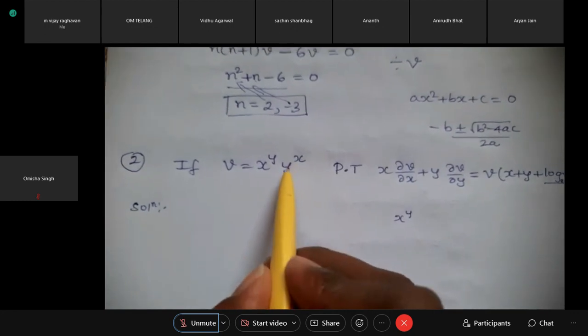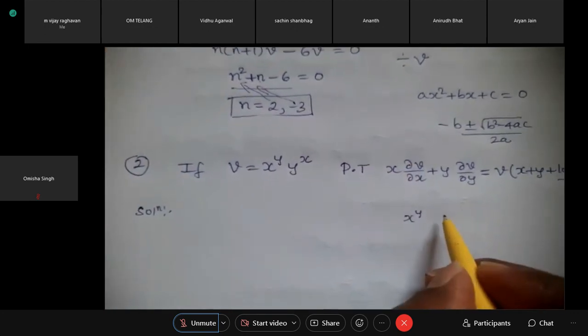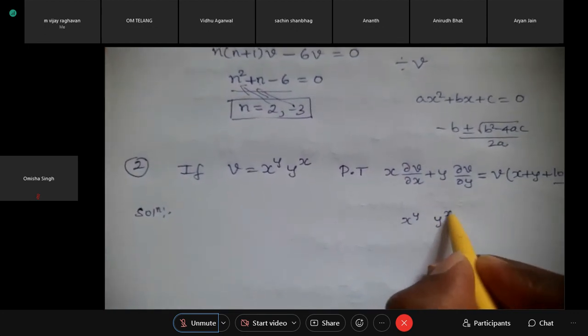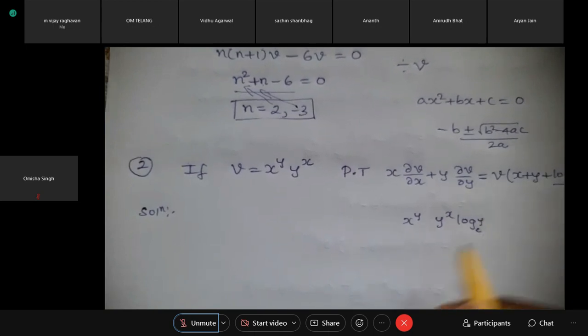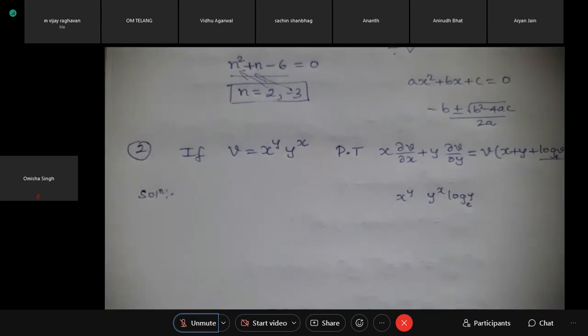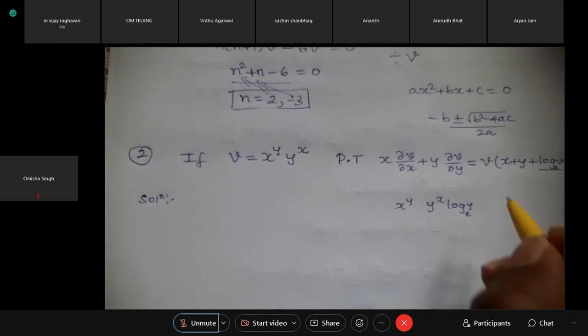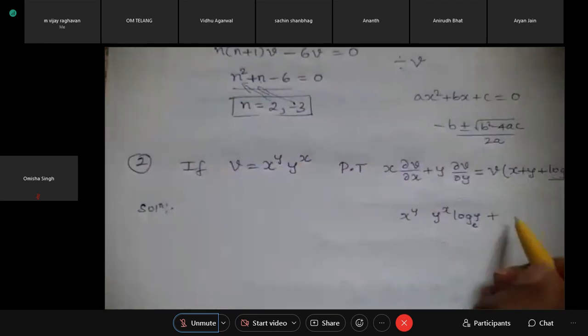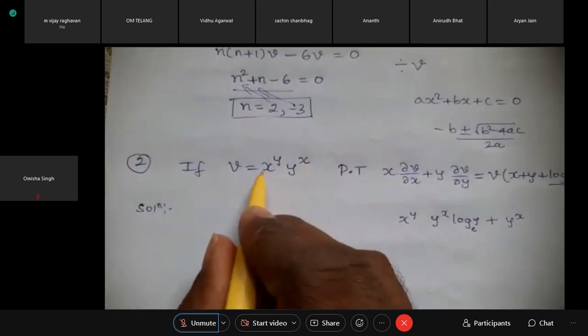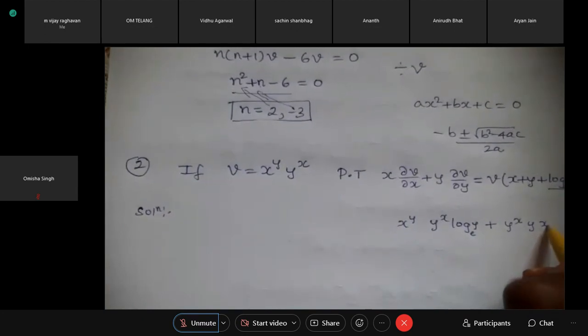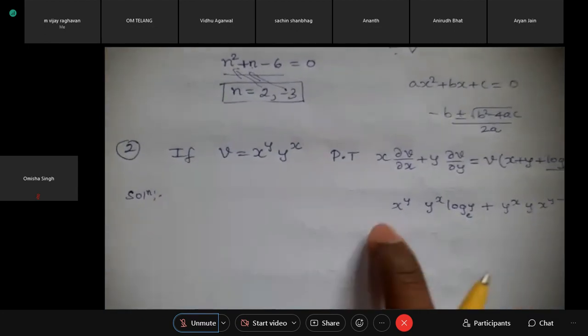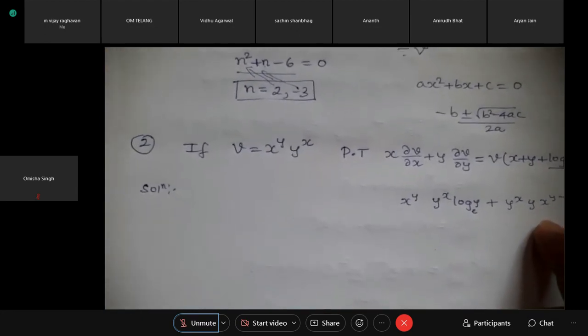You are going to have the form a power x. Therefore, the differentiation of a power x is a power x into log a. Am I correct? Plus, first, second into first term, it will become y into x to the power of y minus 1. All these things we are supposed to do, right?